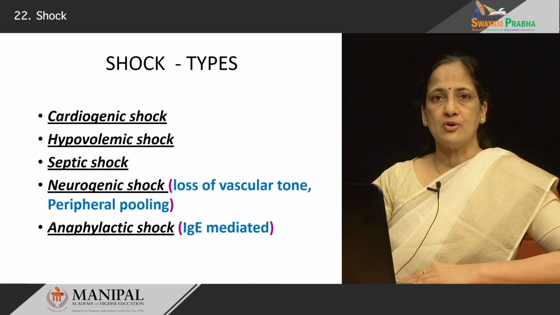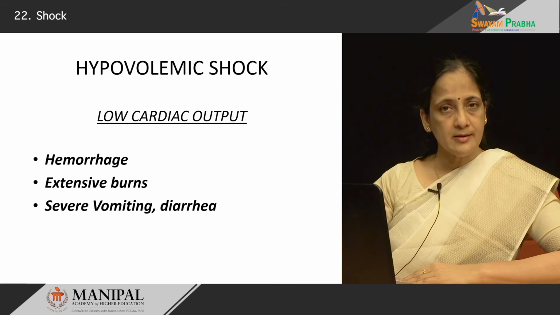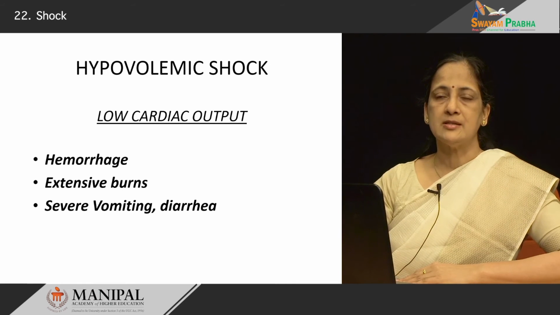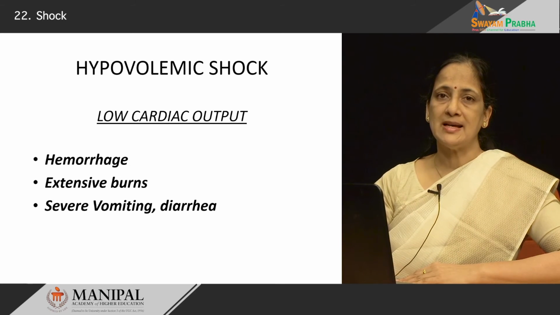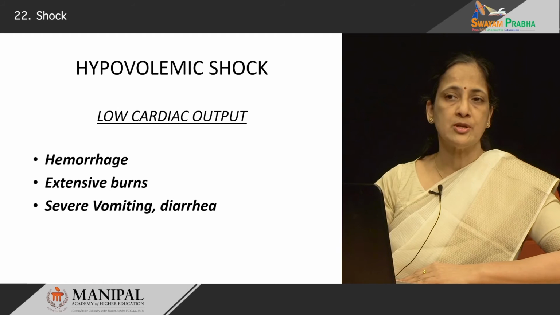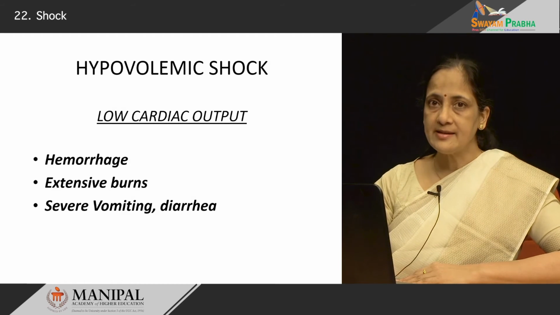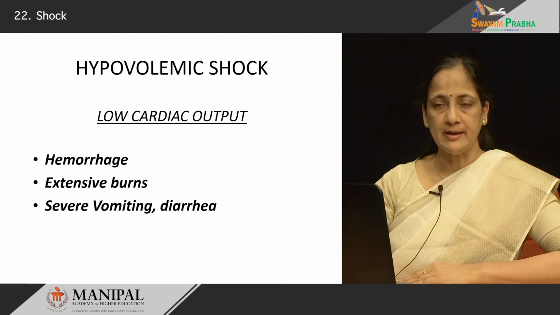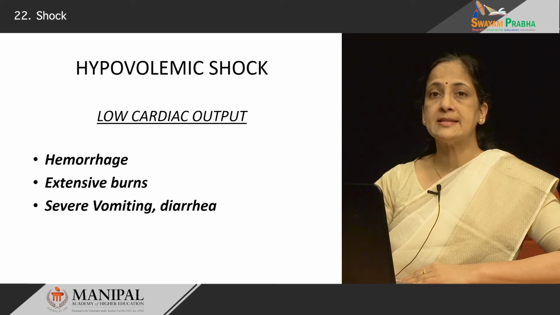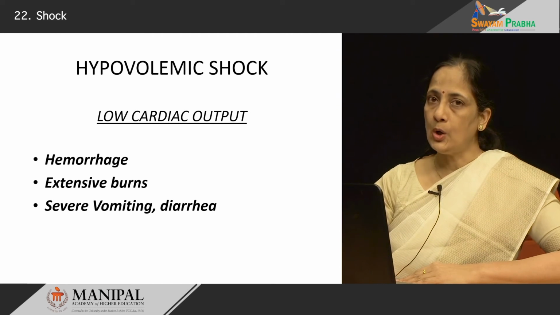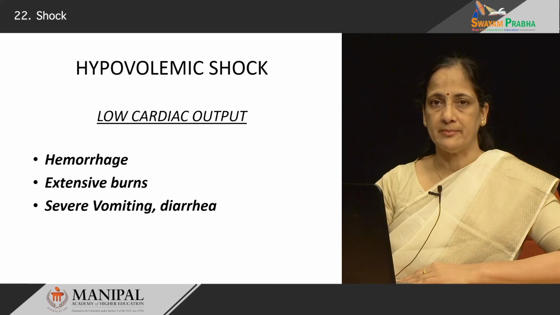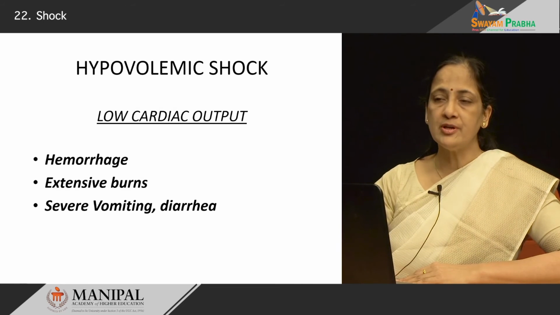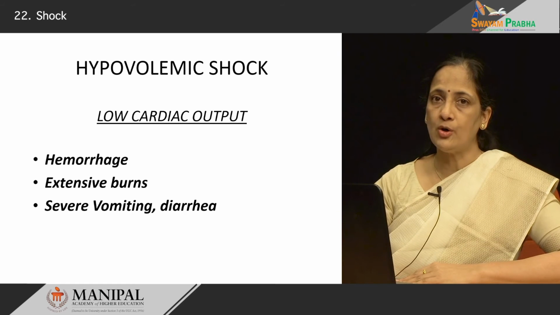The second type of shock is hypovolemic shock. Here again the main mechanism is low cardiac output. Now, when does this occur? If a patient has massive hemorrhage, for example, a patient with a road traffic accident who has had serious injuries causing massive loss of blood, patients who have had extensive burns where a lot of the fluid oozes out from the surface of the damaged skin, resulting in hypovolemia, patients who have had severe vomiting and diarrhea due to any cause.